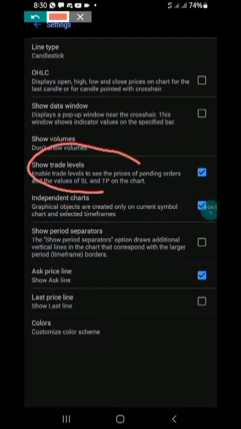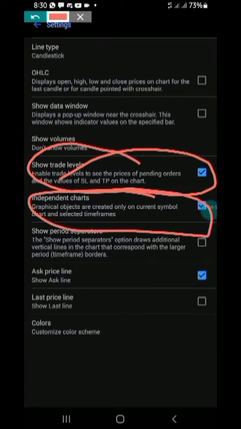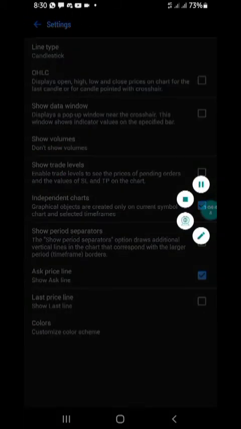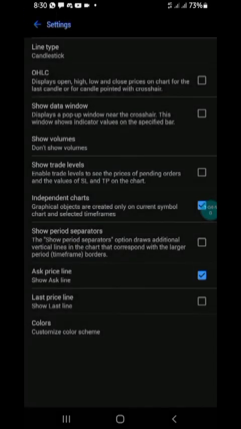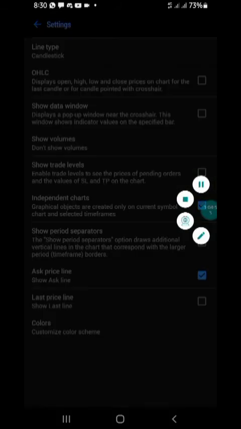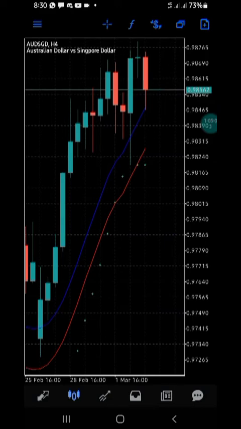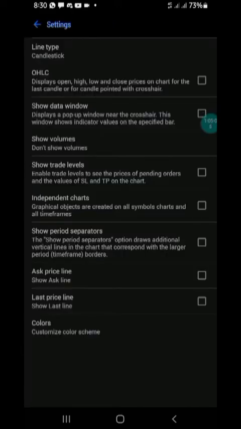Then this is always highlighted. Show trade levels. If I untick this box, a lot of things will happen on that chart. Show trade price levels to see the prices of, that is for this, I ticked right now.